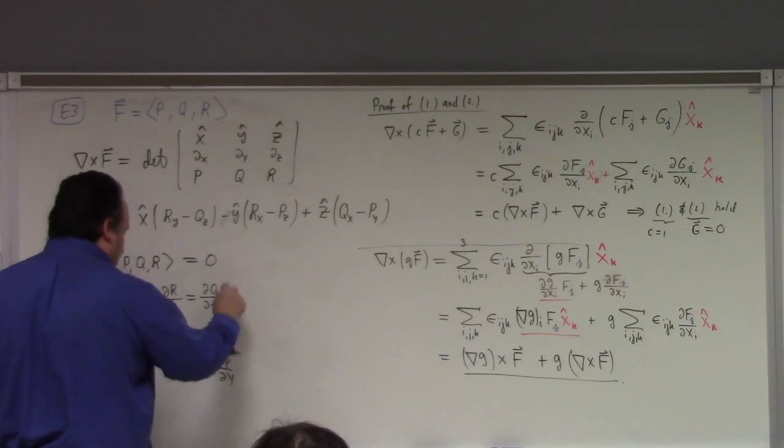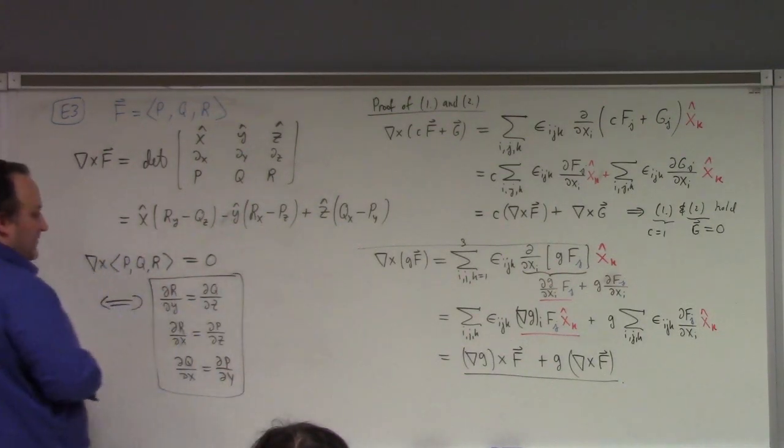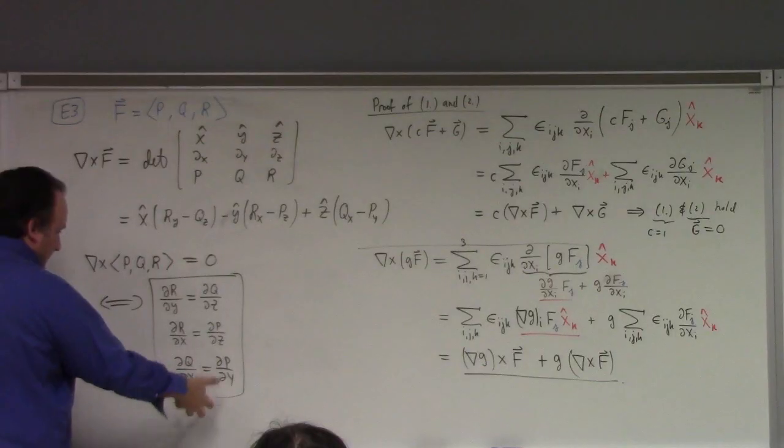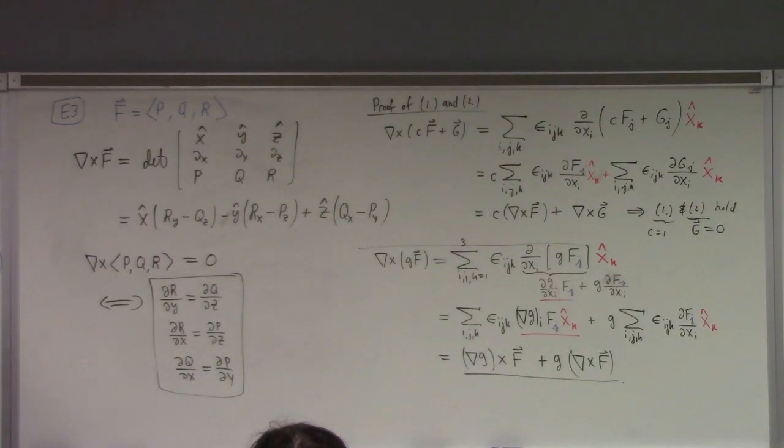We need all three of those at once in order for the curl to be 0. Do you guys remember the homework problem about this? But we didn't know the curl then, right? So we just had to kind of discover it through hunting. But now it's simply a consequence of this vector identity. Yeah. Curl 0 requires these conditions on the partial derivatives of the components, right?